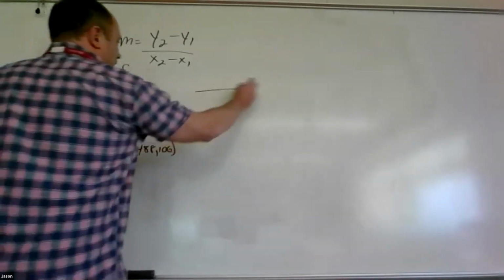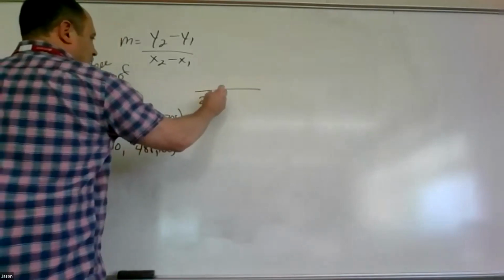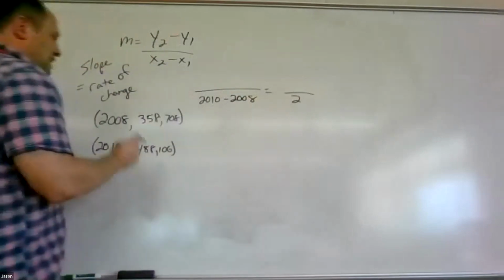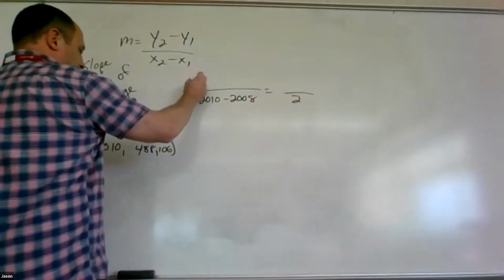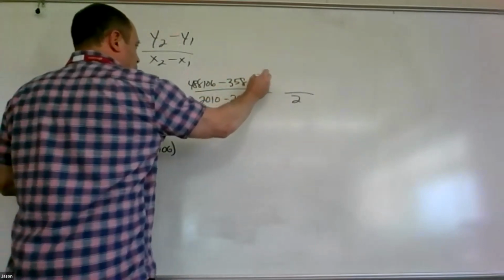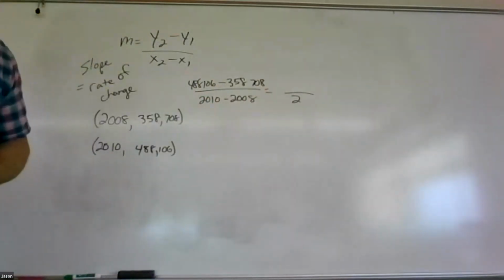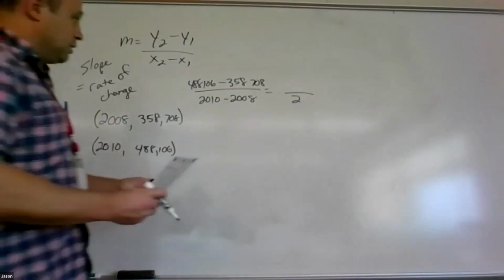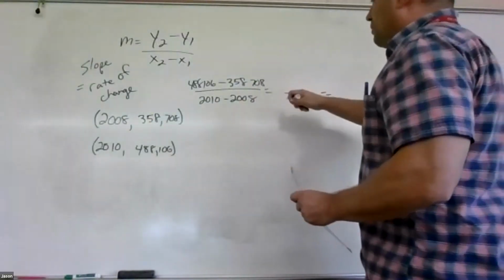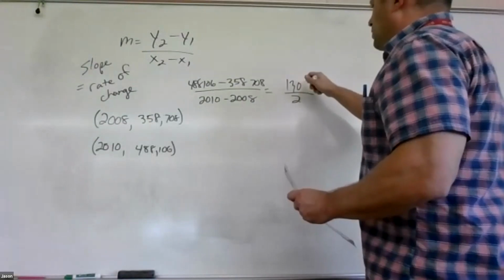So on the bottom, I'm going to get 2010 minus 2008, which of course is just 2. On top, I'm going to do 488,106 minus 358,708. I'm just going to look at it and say it's about 130,000.